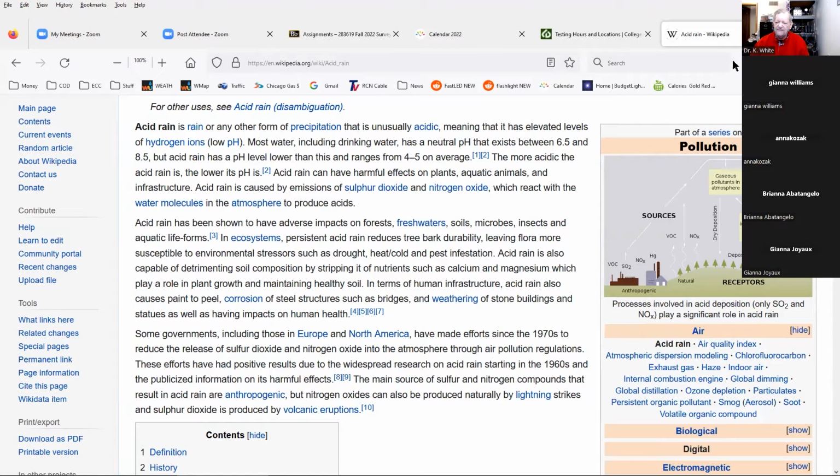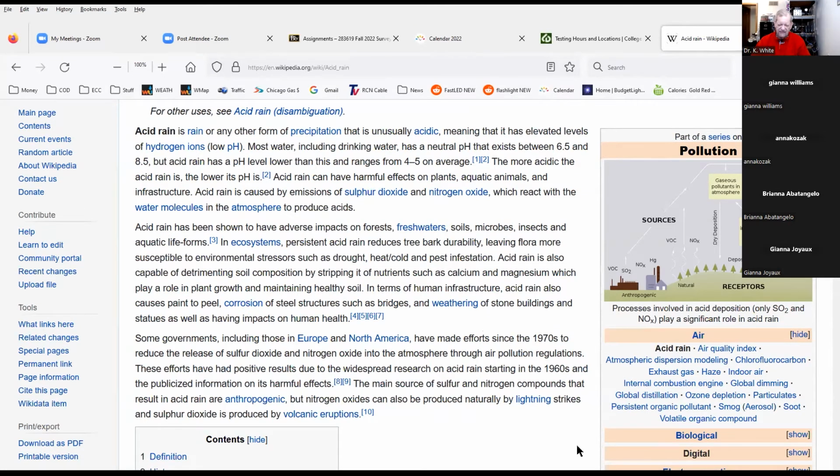It turned out that the coal burning power plants, and they show it over here, were giving off sulfur dioxide as waste into the air from the smokestacks, and also nitrogen dioxide and nitrogen trioxide. And in the atmosphere, and this will not be on the test or on a quiz or anything else, but I think it's important.